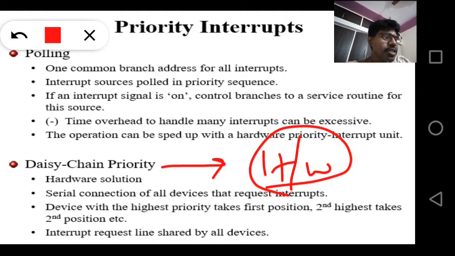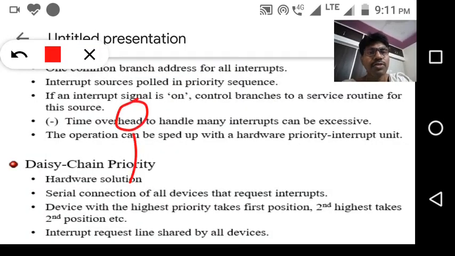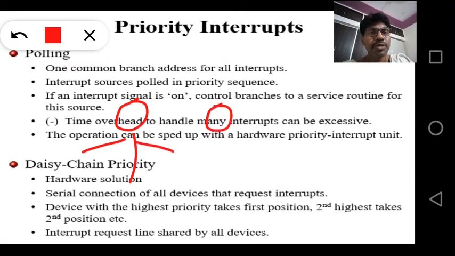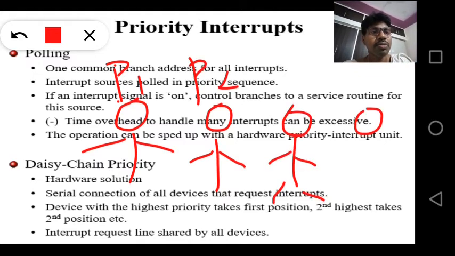The interrupt request line is shared by all devices. I'll give an example. This is the higher priority interrupt, called P1 interrupt, then P2 interrupt, P3 interrupt and P4 interrupt.